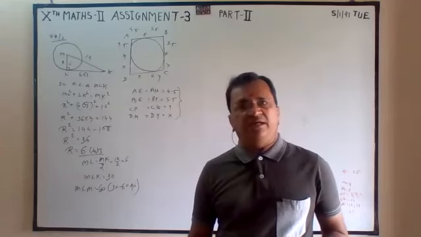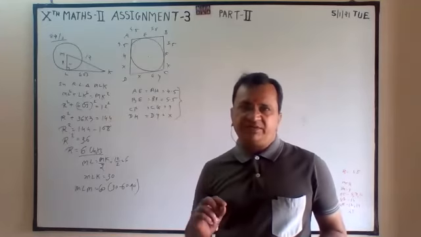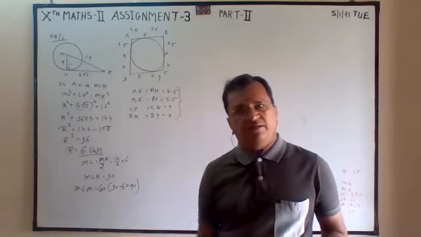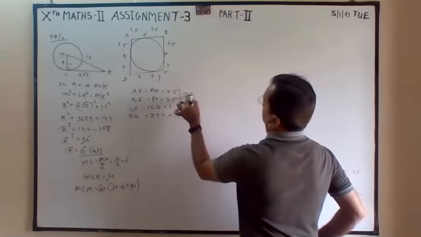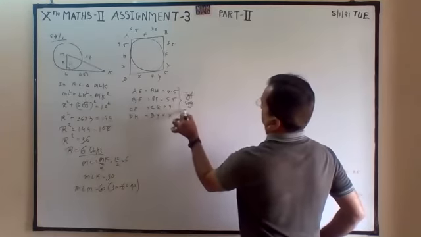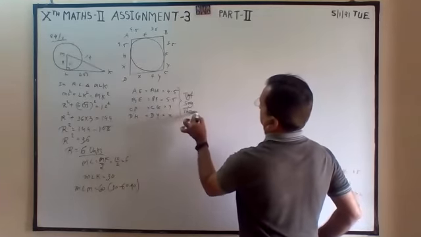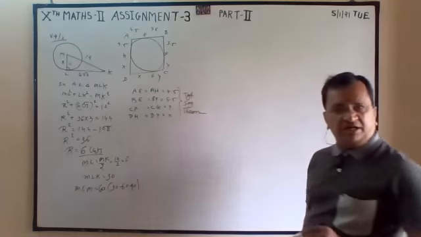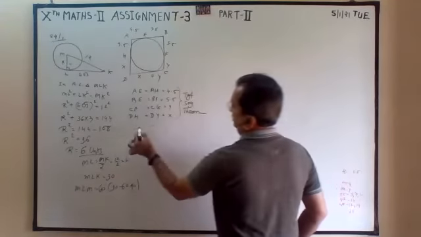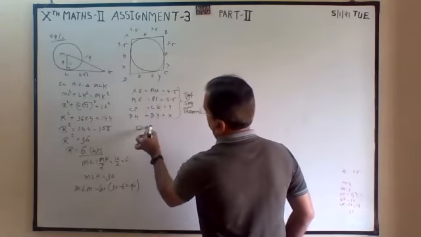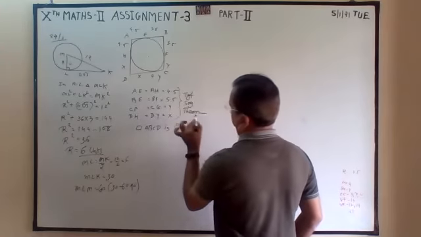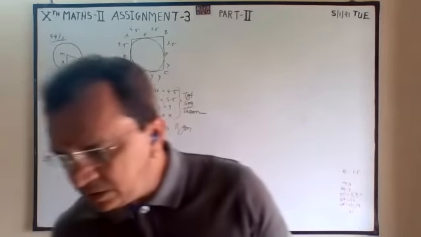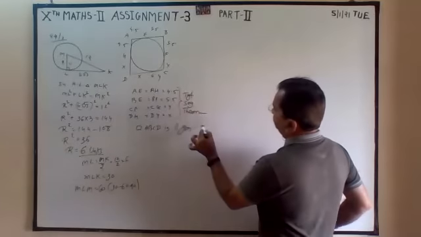Two tangent segments which are drawn from an outside point to the circle are congruent. So tangent segment theorem, and this quadrilateral ABCD is a parallelogram, given.